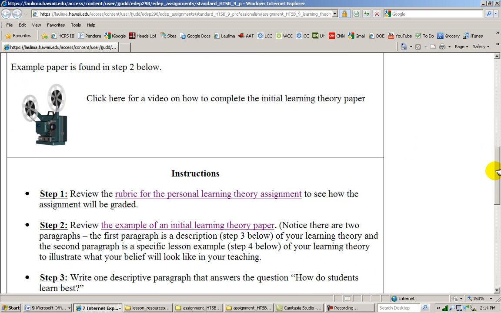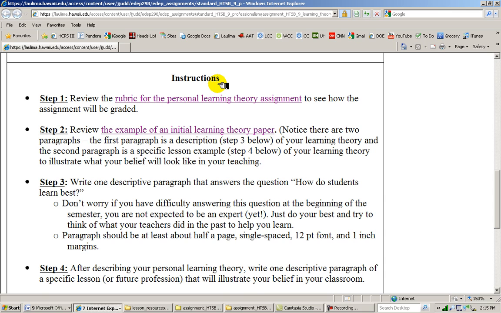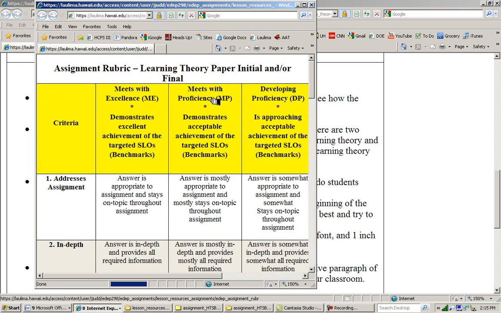In each assignment that you'll do throughout the semester, there is always an example for you to follow. In this case, it is the example papers found in step 2 below. For your instructions, step 1, you'll want to have an idea of how this will be graded. There's a rubric for the personal learning assignment.